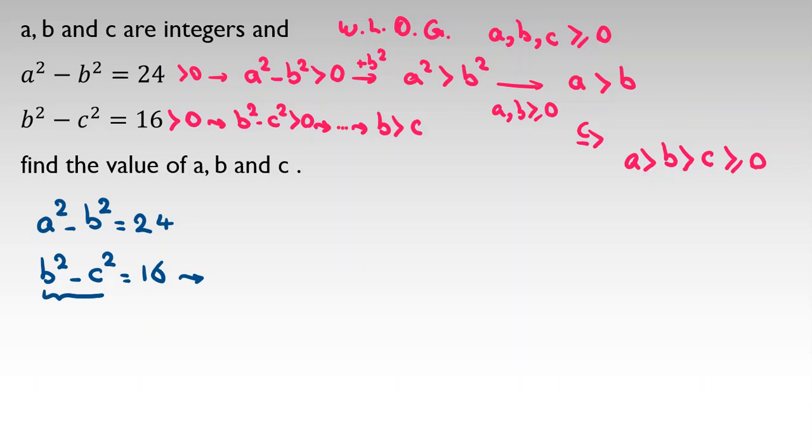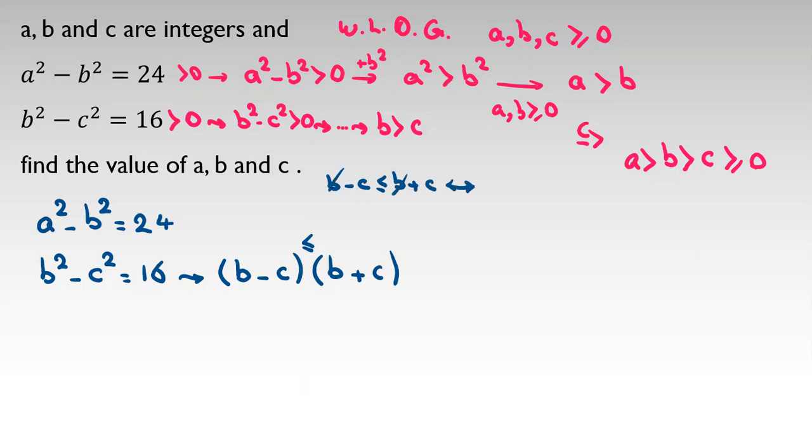I know the famous identity that B squared minus C squared is B minus C times B plus C. Because C is at least 0, B minus C is less than or equal to B plus C. Why? Subtract B from both sides, and then move the terms to get 2C greater than or equal to 0, which is okay because C is greater than or equal to 0.